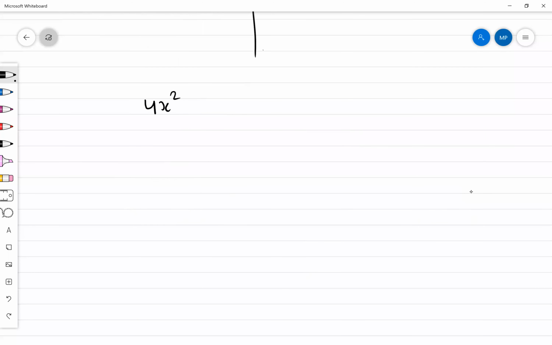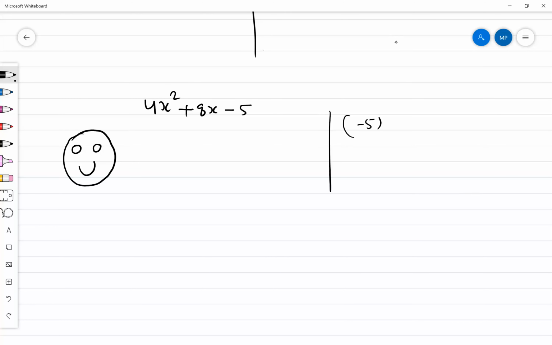4x square plus 8x minus 5. And let's see who does it. Solve it. Steps are fixed. Minus 5 into 4 gives me minus 20. And minus 20, two factors which will give me 8. So that means the larger one has to be positive.